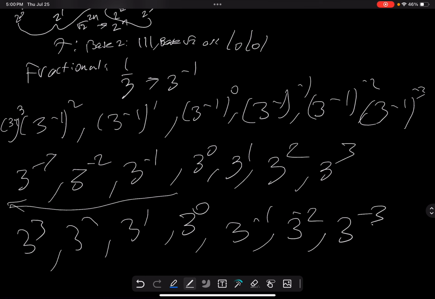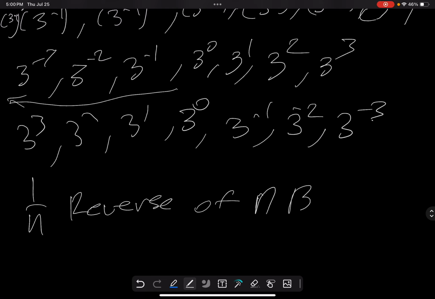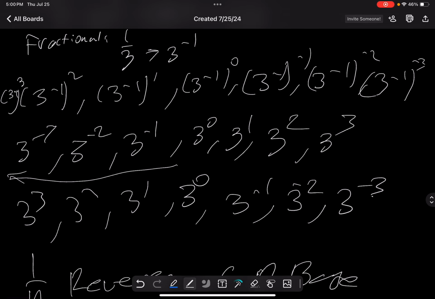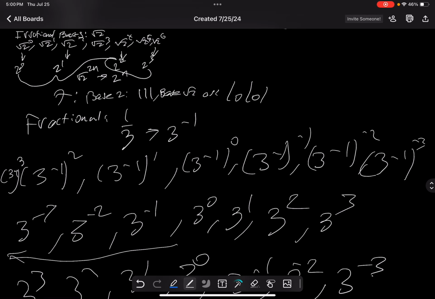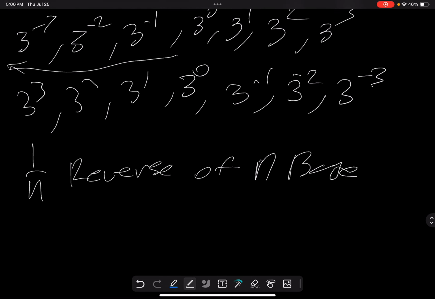So in general, 1 over n base is just the reverse of n base. And so that's really cool. And then obviously for the digits to use in that case, you would use up to the digit in the denominator. And obviously for the irrational bases, you would use up to the digits in the square root, or just any irrational one.